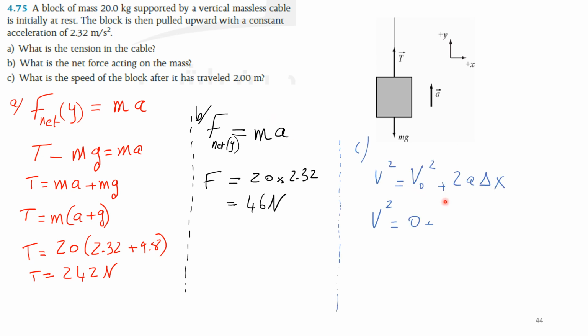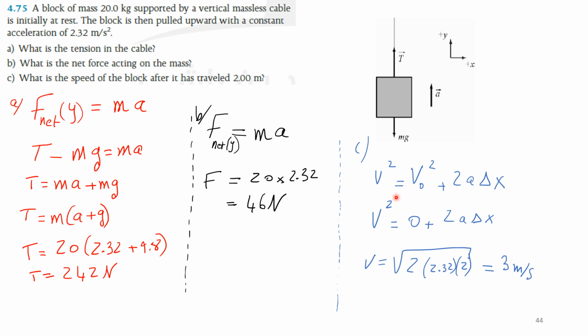We use this equation because we don't know anything about the time. We only know the velocity and the displacement. We have no idea about the time, so we apply v squared equals v initial squared plus 2a delta x.